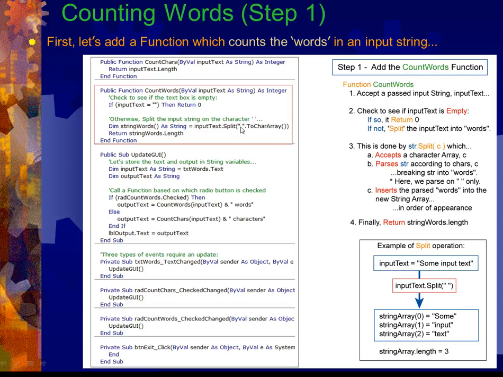So whenever there's an empty space, it'll split it. And what's the output of this whole expression? We already said it at the beginning of class. What data type will this be? It's going to be an array.